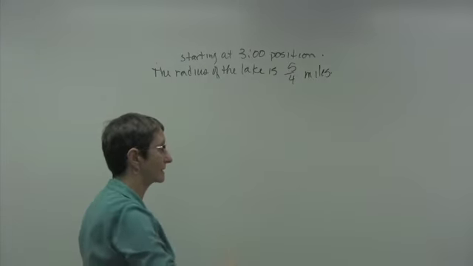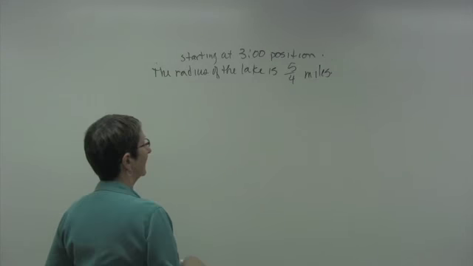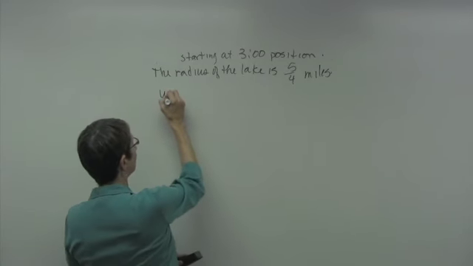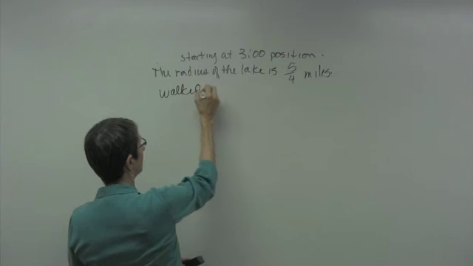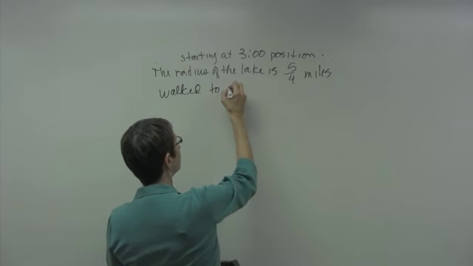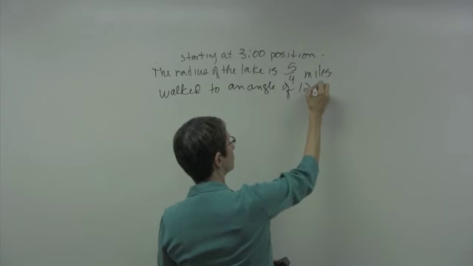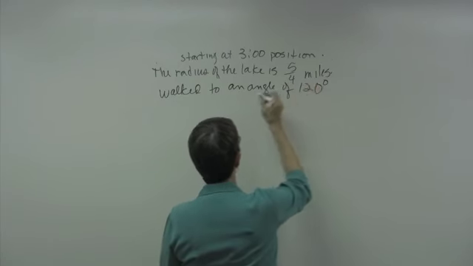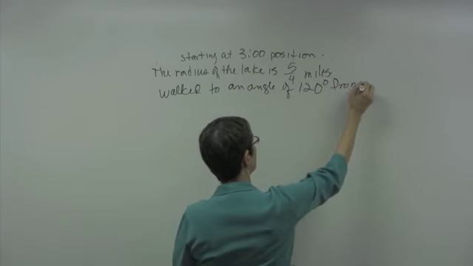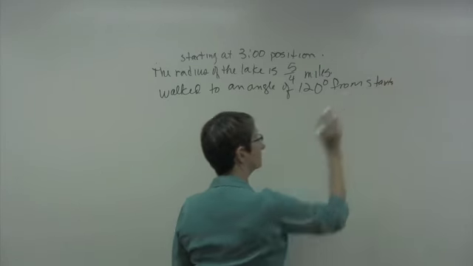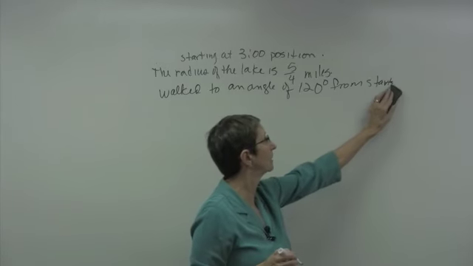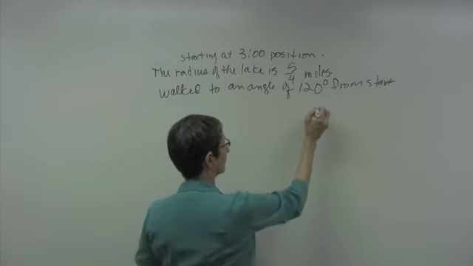Okay? The radius is 5/4 miles, and we walked to an angle of 120 degrees from start. 120 degrees from start. What's that look like?